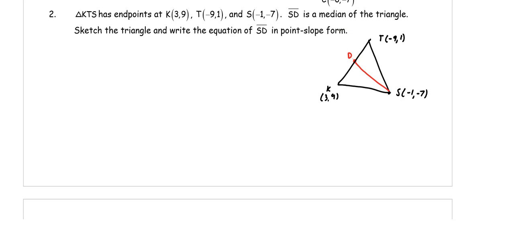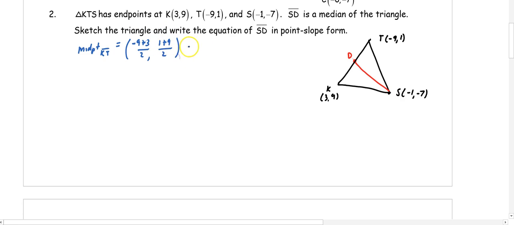So my first step then is I need to find the midpoint, the coordinates of D. So I need the midpoint of TK. So I have -9 plus 3 over 2 and 1 plus 9 over 2. So -9 plus 3 is -6, divided by 2 is -3. 1 plus 9 is 10, divided by 2 is 5. So I now have the midpoint. Then I need to find the slope of my median. So I need to find the slope of SD.